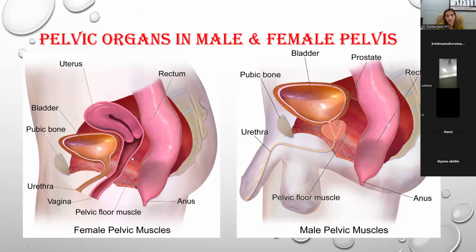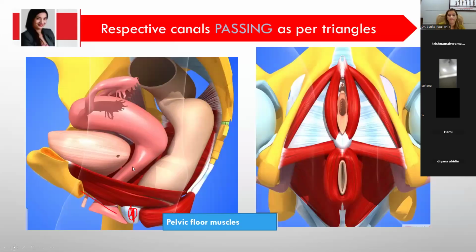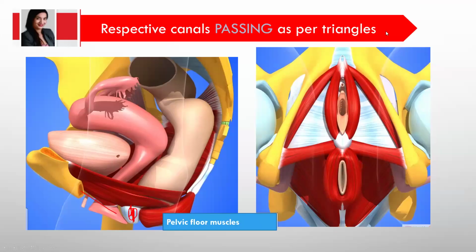These are the urethra, vaginal canal, anal canal, and these are two organs in a male body. Every organ, every canal, is passing through the pelvic floor. So these are the pelvic floor muscles. Now let me go through this one. This layer is the outermost layer, the superficial layer of the pelvic floor.